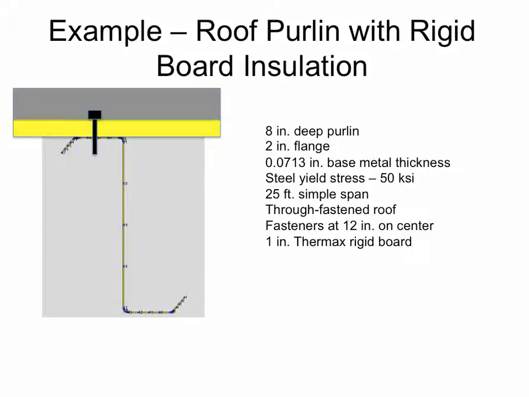What type of global boundary condition would we assume for this? How would we assume that it was braced? If we didn't have the insulation, what would you all do?